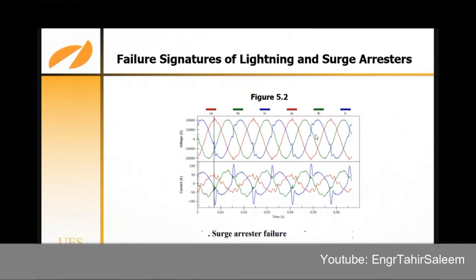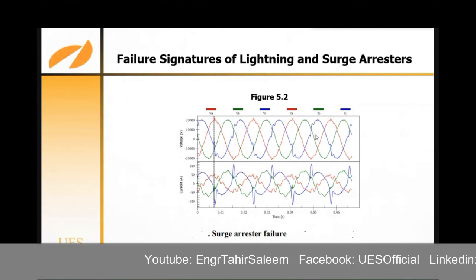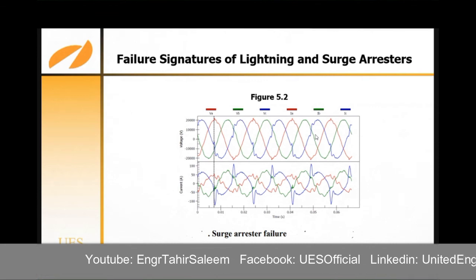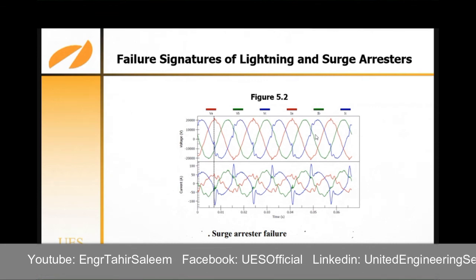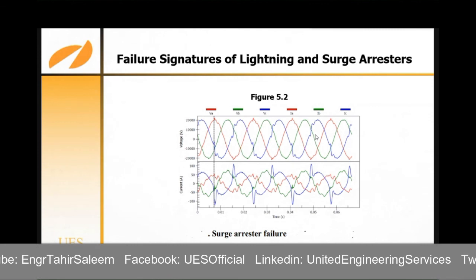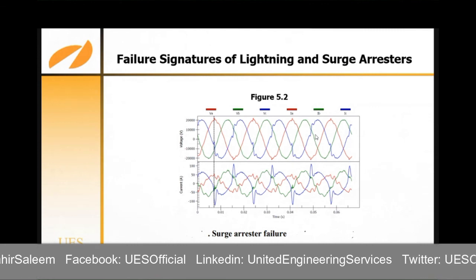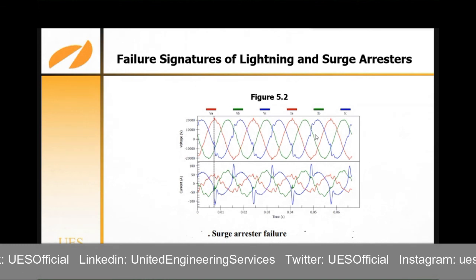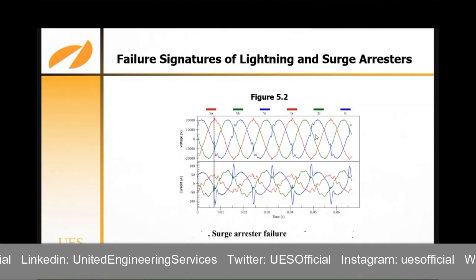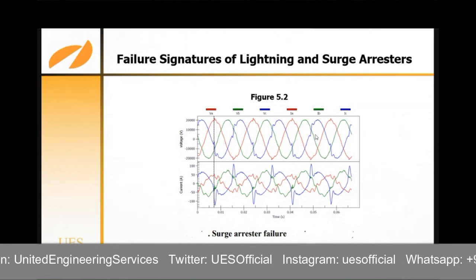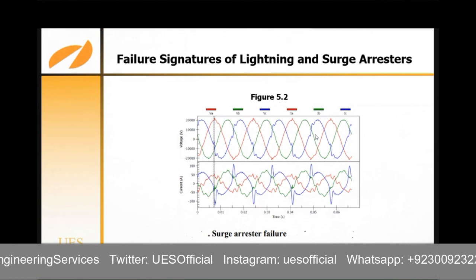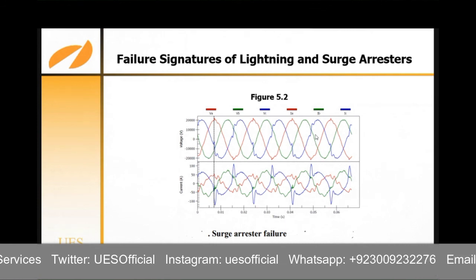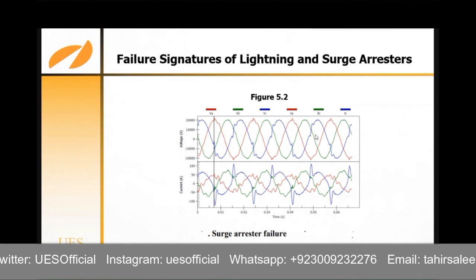Lightning arresters are used for lightning: if lightning happens and causes a high voltage change in the power lines, the lightning arrester diverts those surges or high voltages. Surge arresters are used for high voltages caused by switching or any equipment failure which has caused a high increase in the voltage, and that is diverted by the surge arrester.